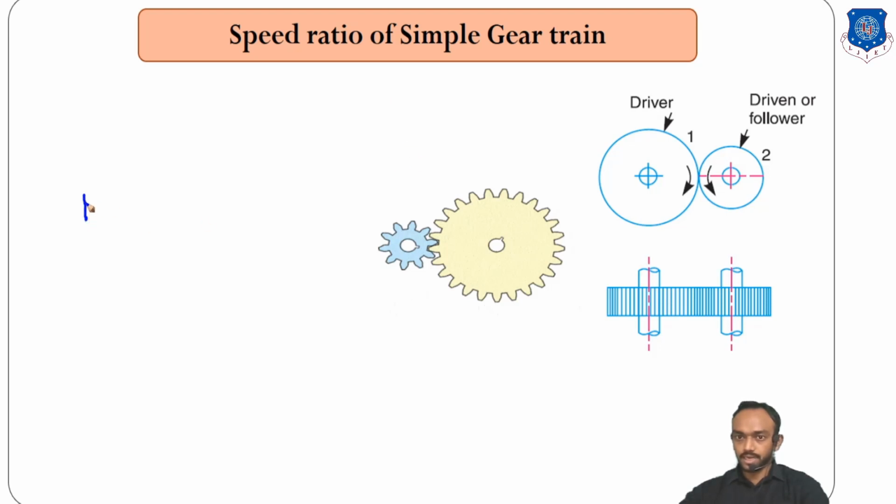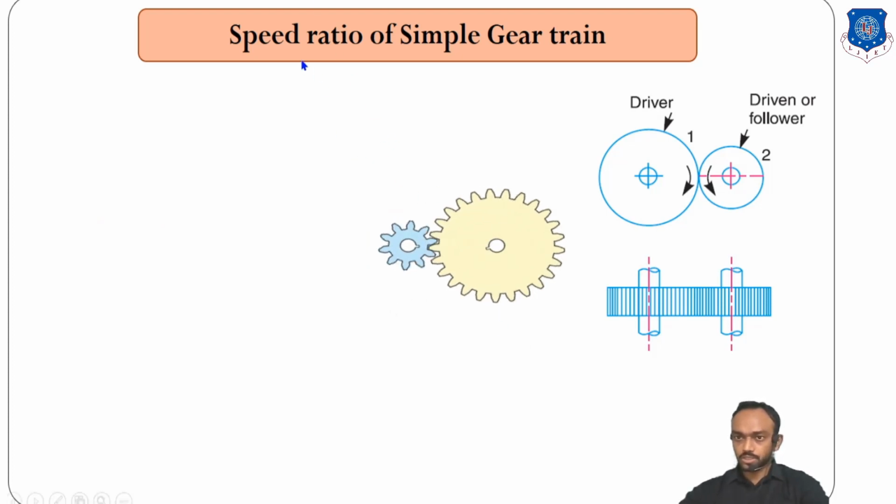So I can say that RPM is proportional to 1 upon number of teeth. Higher the number of teeth, T is high in this case, but RPM is less. And here the number of teeth is less, but RPM is high.